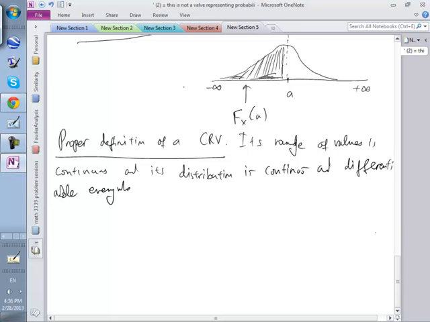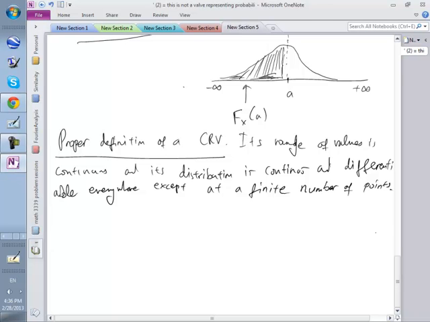Differentiable everywhere except at a finite number of points. Questions so far?